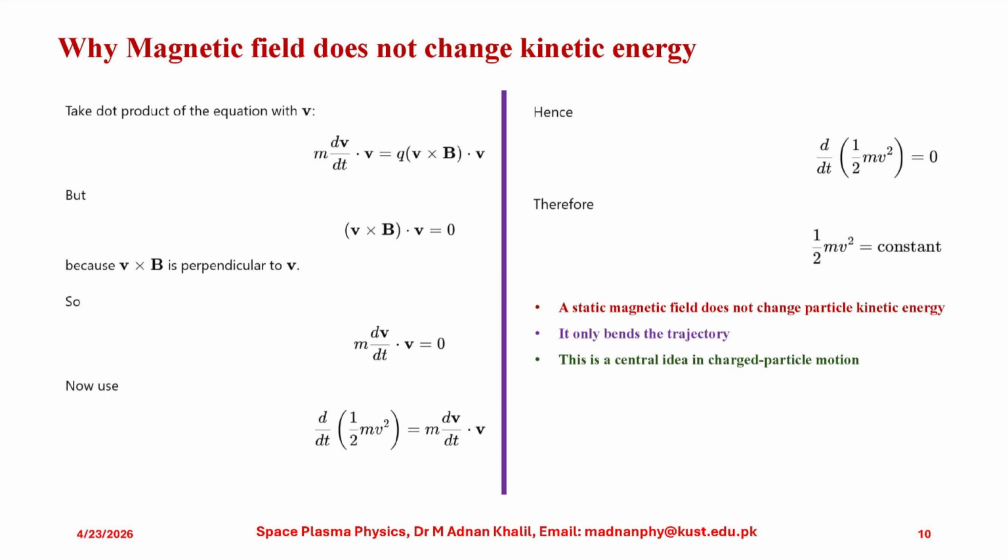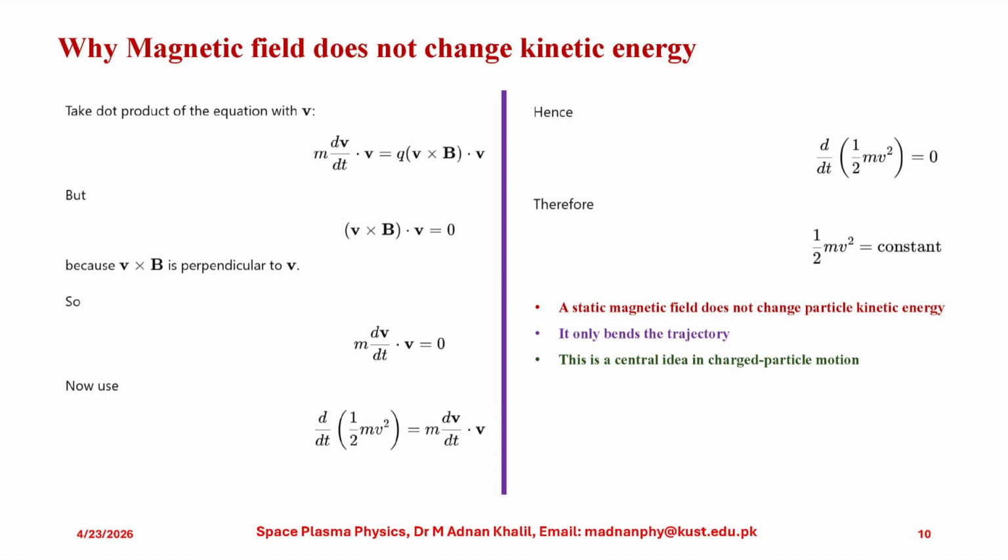This slide explains mathematically why a magnetic field does not change kinetic energy. Begin with the equation of motion and take its dot product with the velocity vector. On the left side, this gives mass times dV by dt dotted with V. On the right side, it gives Q times (V cross B) dotted with V. Now use the geometric fact that V cross B is perpendicular to V. Because perpendicular vectors have 0 dot product, the right-hand side becomes 0.